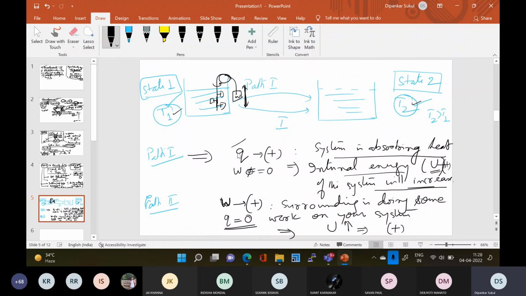Hence, Q and W, these two actually depend on the nature of the path by which you are transforming the state from state 1 to state 2. That's why Q and W are called path functions. But internal energy, temperature, these all are state functions.